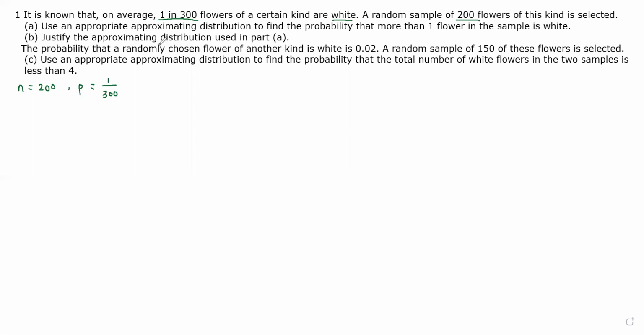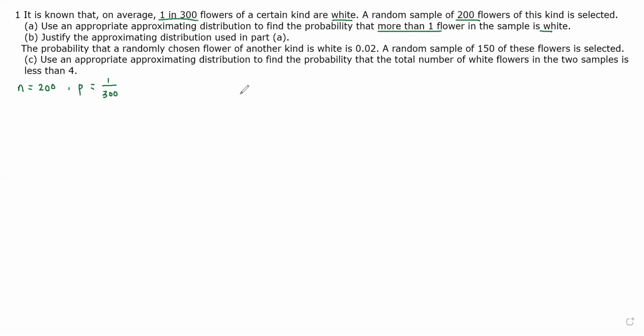Part A: use an appropriate approximating distribution to find the probability that more than one flower is white. So for the sample size, n is equal to 200, and the probability of success is 1 out of 300.